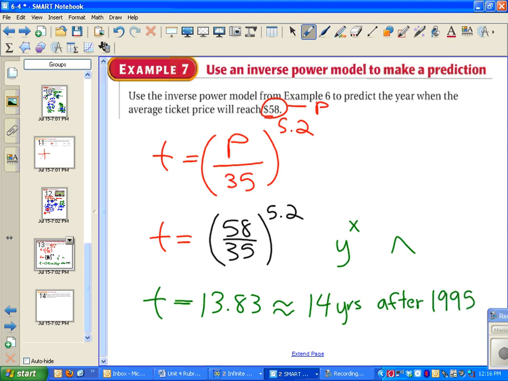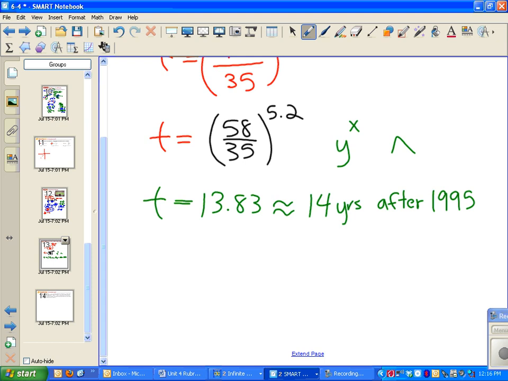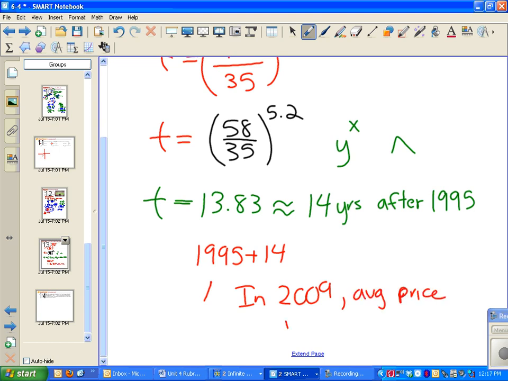So in 14 years after 1995, the average ticket price of $58 will be in 2009. So we take 1995, we add 14 years to that. So in 2009, the average price will be $58.